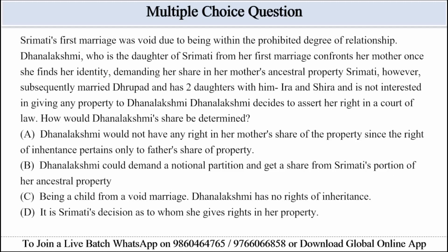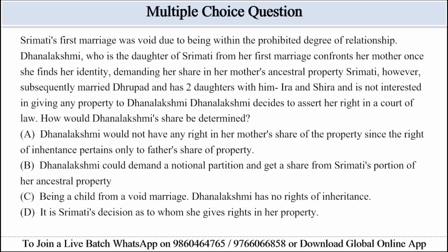Maternal and ancestral property inheritance is valid. Option B says Dhanalakshmi could demand a notional partition and get a share from Smriti's portion of her ancestral property. This one is correct because it matches the passage. Option C, being a child from a void marriage, Dhanalakshmi has no right of inheritance. This one is wrong. The passage affirms the right of such children.